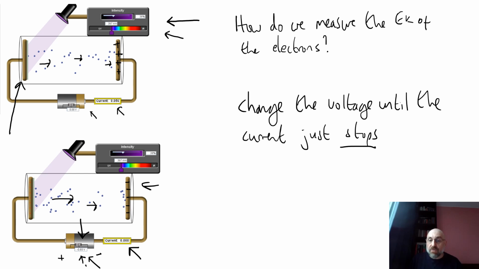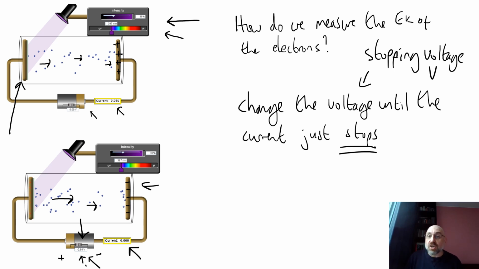Right, look what we've done, everybody. By the way, we're going to call this particular voltage now the stopping voltage. In other words, literally the voltage that stopped the photoelectric effect, that stopped those electrons. And it's often given the symbol V small s, the stopping voltage.